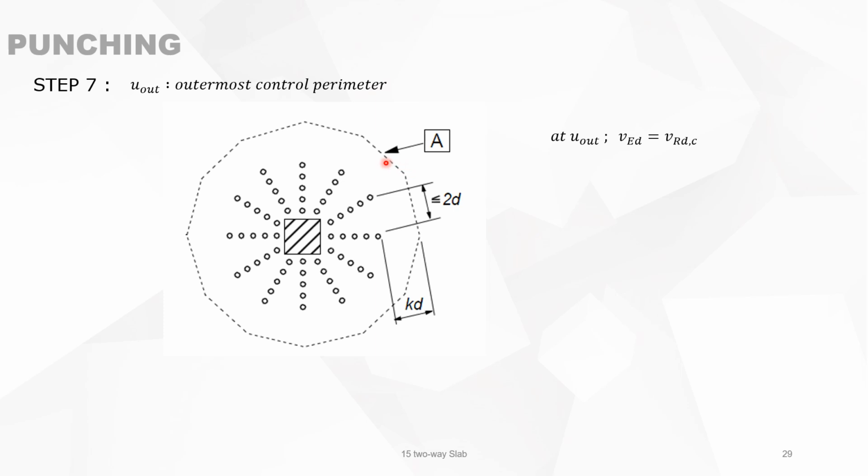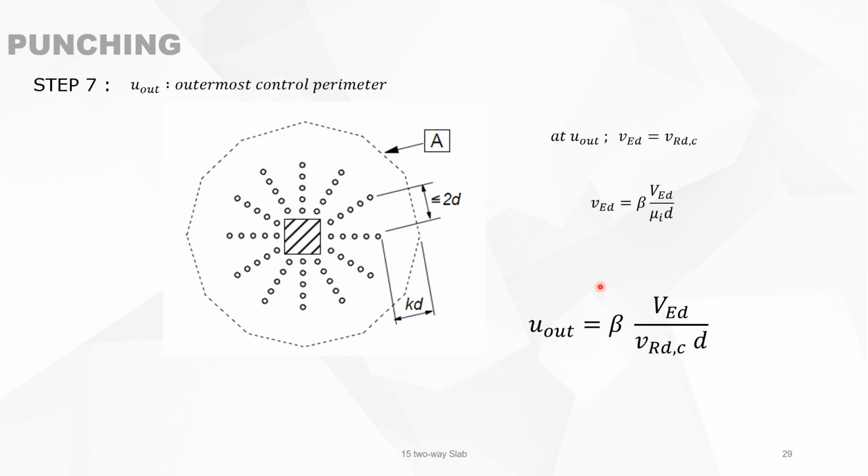It means outside this perimeter you will not need additional punching reinforcement. And this VED is written as beta, and then the reaction force VED divided by the circumference u times the effective depth.